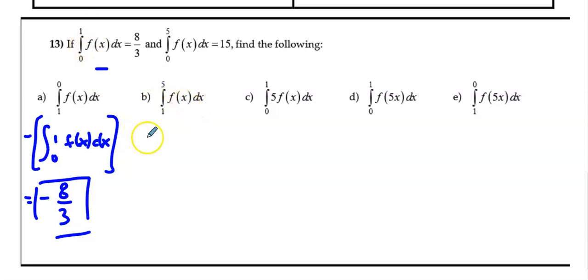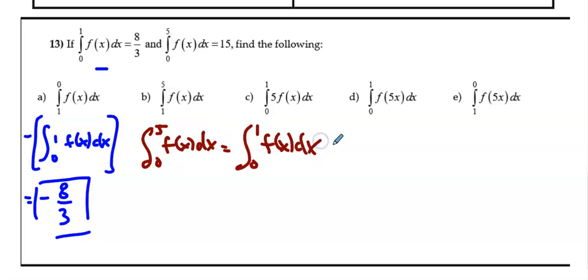So if we look at B, then we're going to write the property that the integral from 0 to 5 of f of x dx is going to be equal to the integral from 0 to 1 of f of x dx, and this is one of the properties that you guys learned, plus the integral from 1 to 5. And I use the analogy that we're at mile marker 0 and we want to walk all the way to 5.